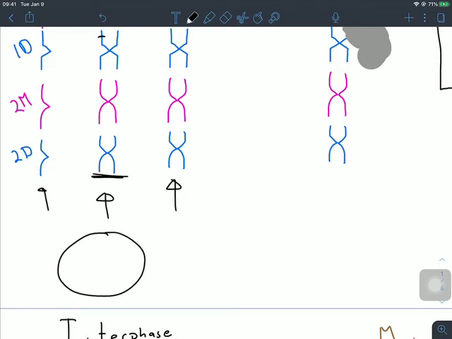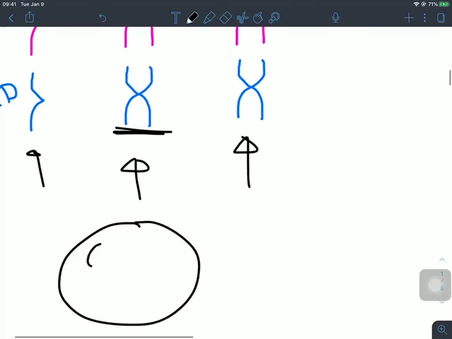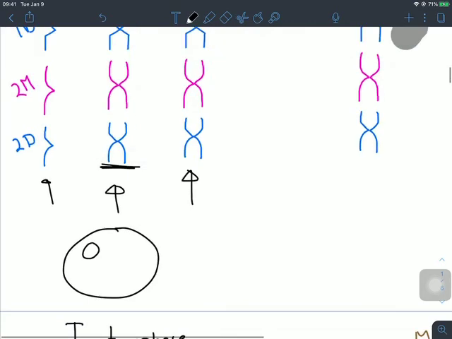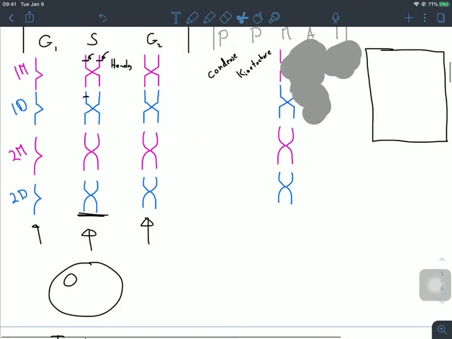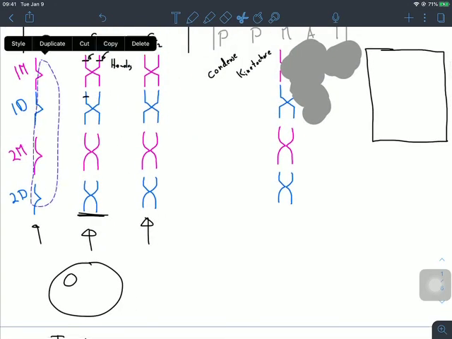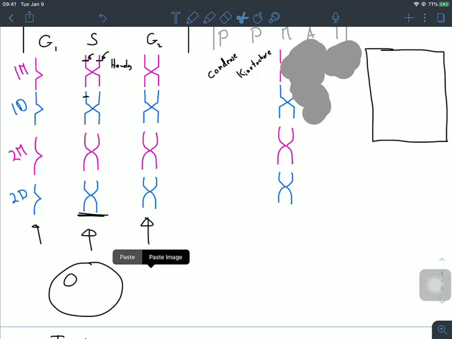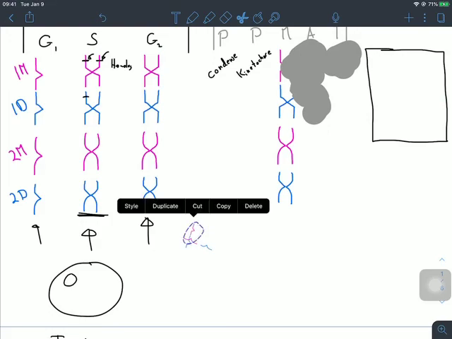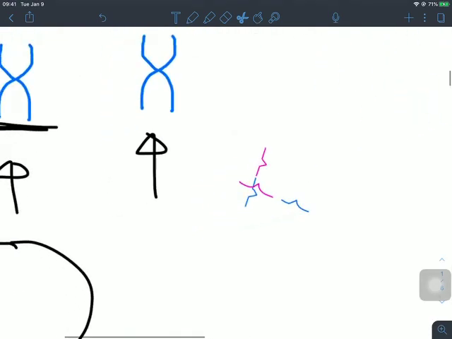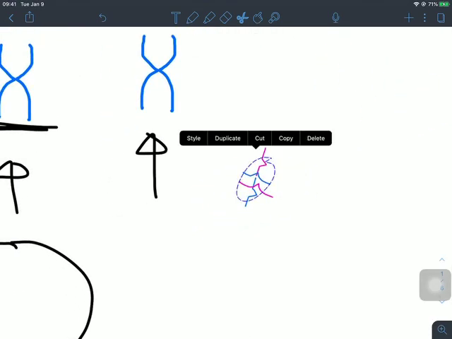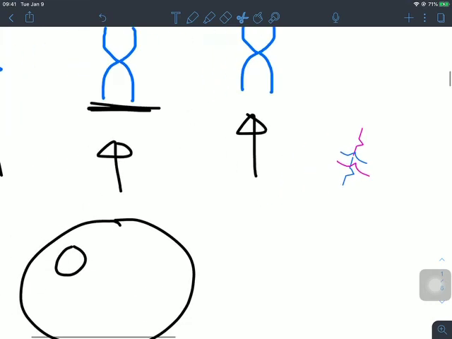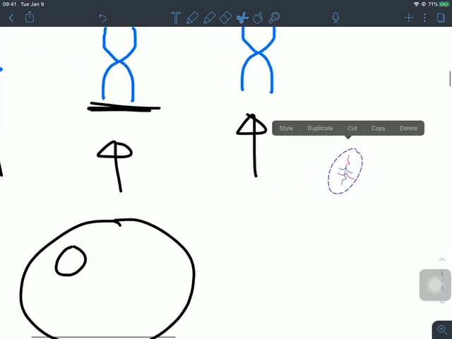What we should be looking at within the nucleus, so if that's our cell and this is our nucleus, is that all of these chromosomes, you have to make them really small, are completely overlapping one another and fudged in the mix. Even smaller here.